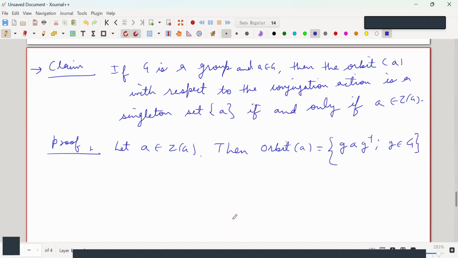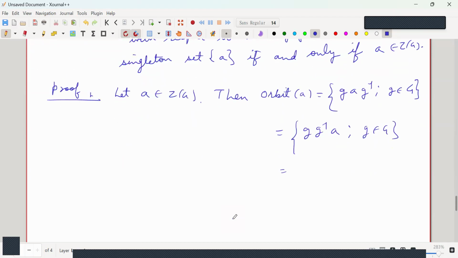This set is what? This is g inverse g a, and that is the singleton {a}, right?